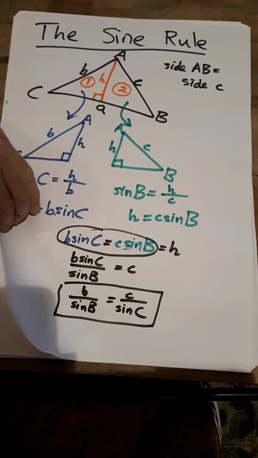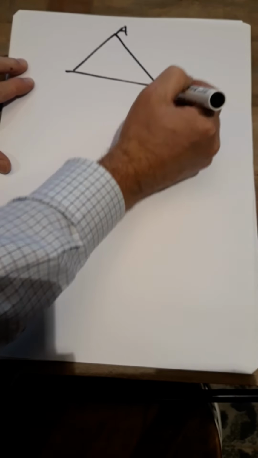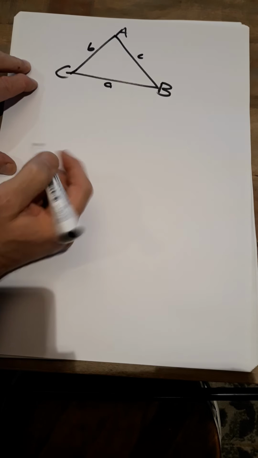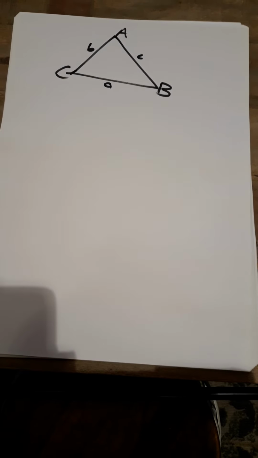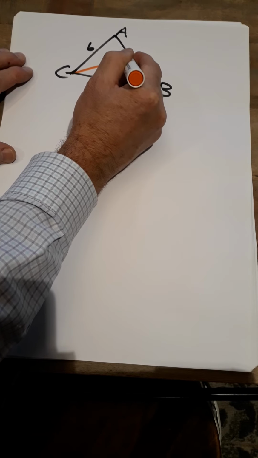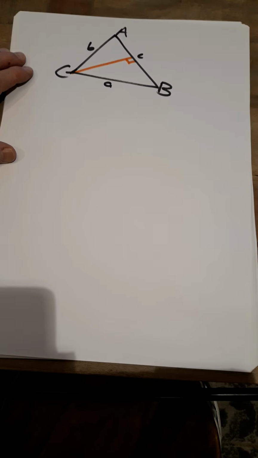Now I'm going to take that same triangle, triangle ABC, labelled A, B, C with the little letters for the sides opposite to it. But this time I'm going to drop a different perpendicular. Now, maybe I can drop that one there at right angles to the side opposite to it.